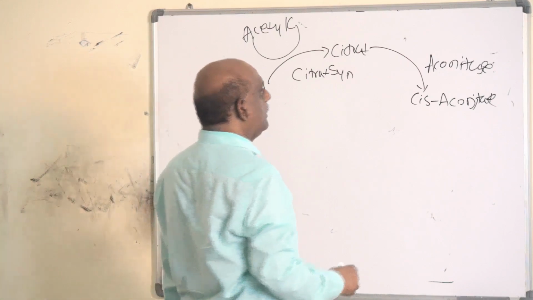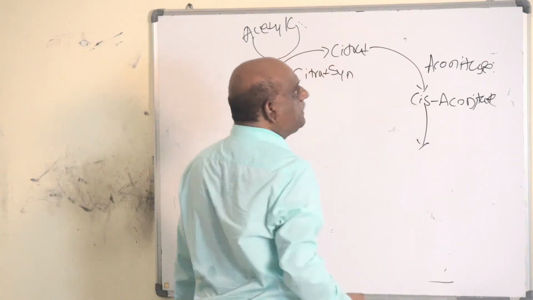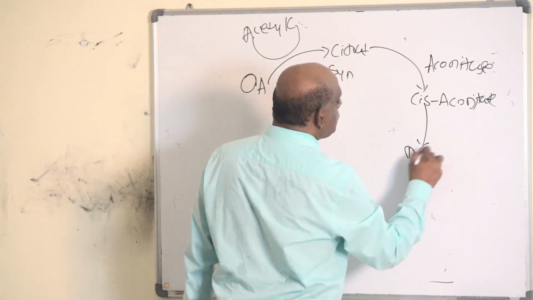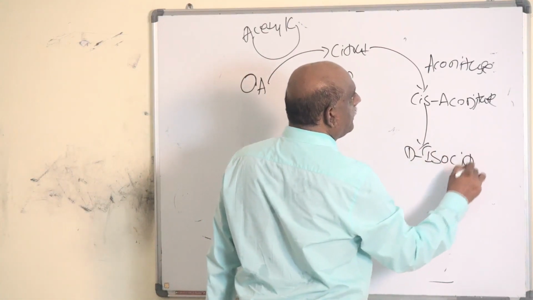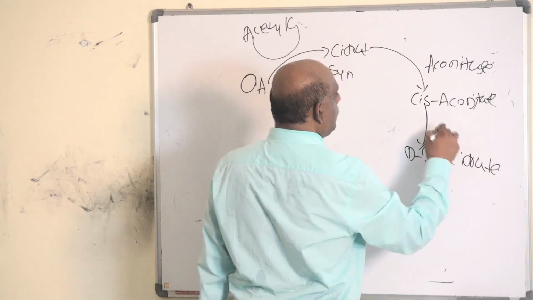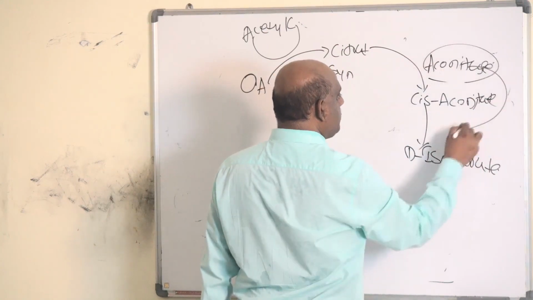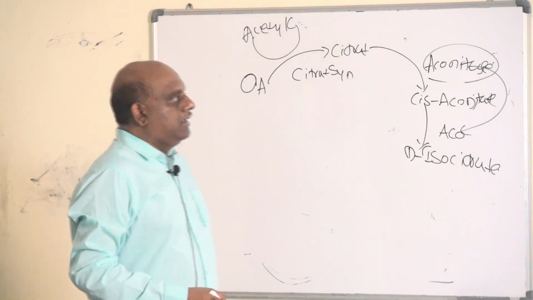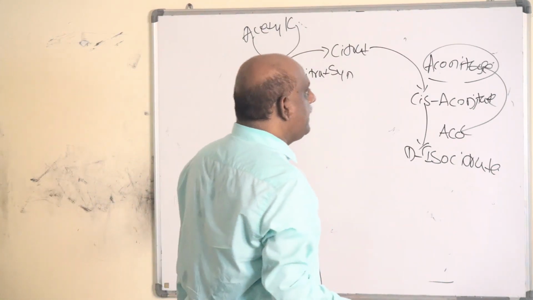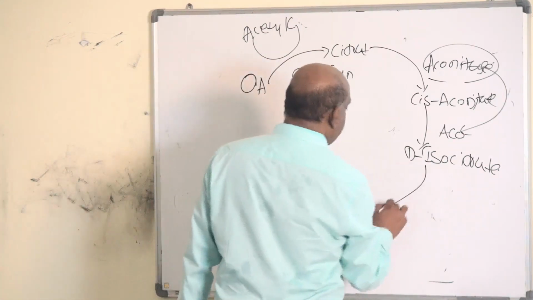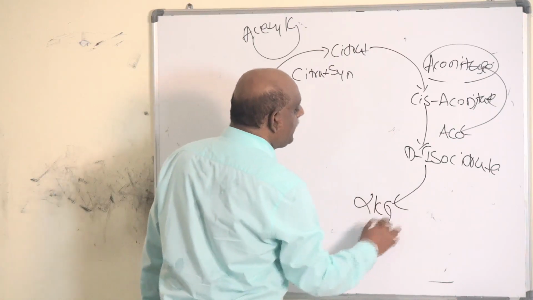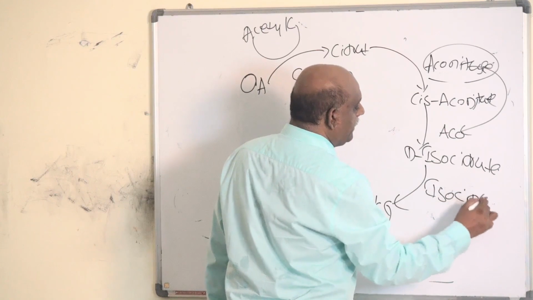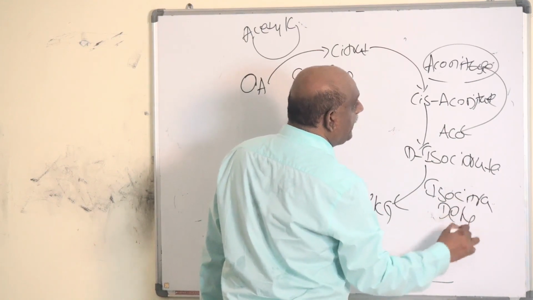Then cis-aconitate becomes isocitrate. Once more, the same aconitase is responsible. Isocitrate becomes alpha ketoglutarate by the action of isocitrate dehydrogenase.